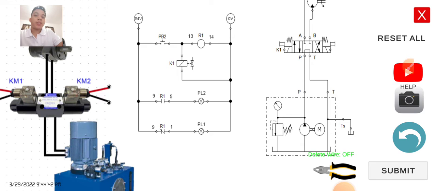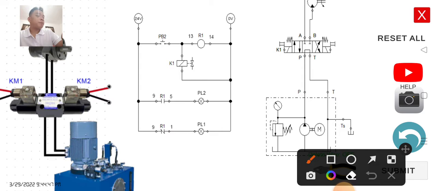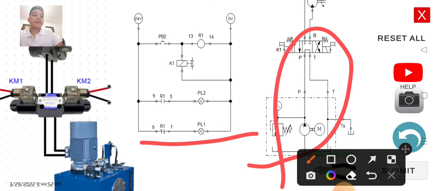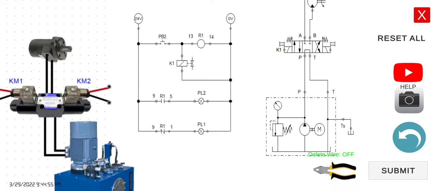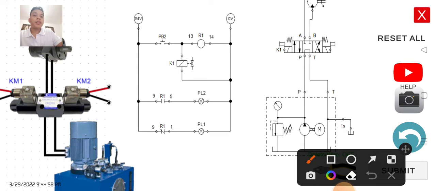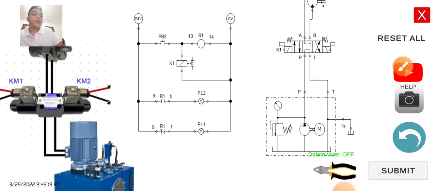So let's proceed to this two circuits, which is divided into the control circuit and the power circuit. In this activity we will only use K1 instead of K2.